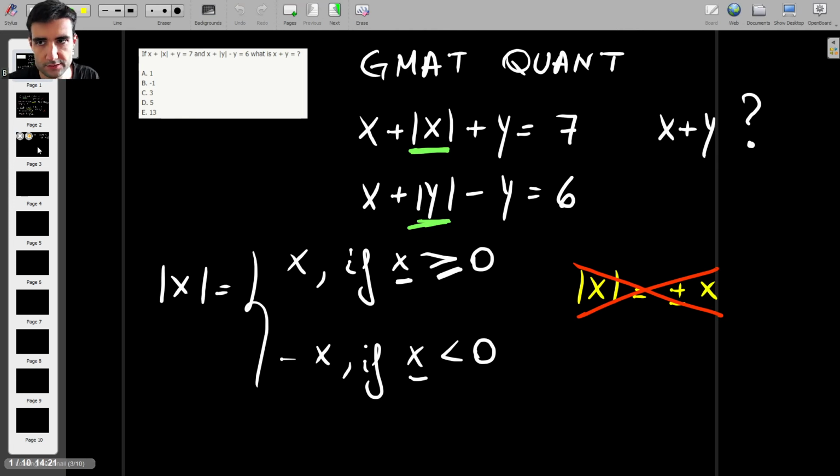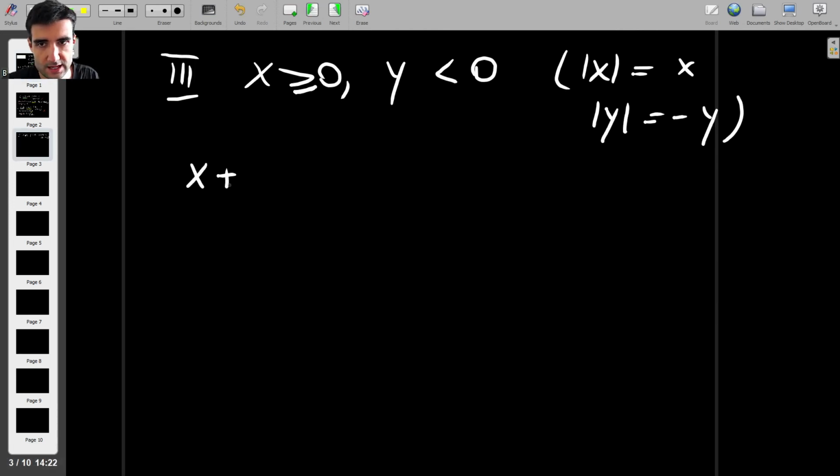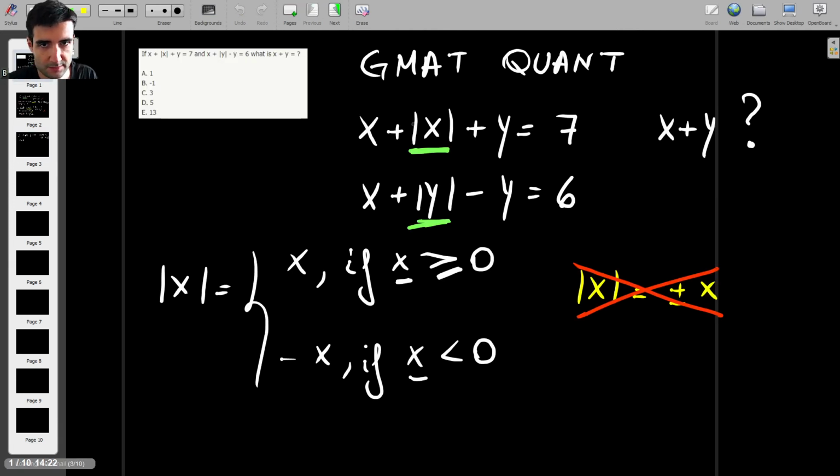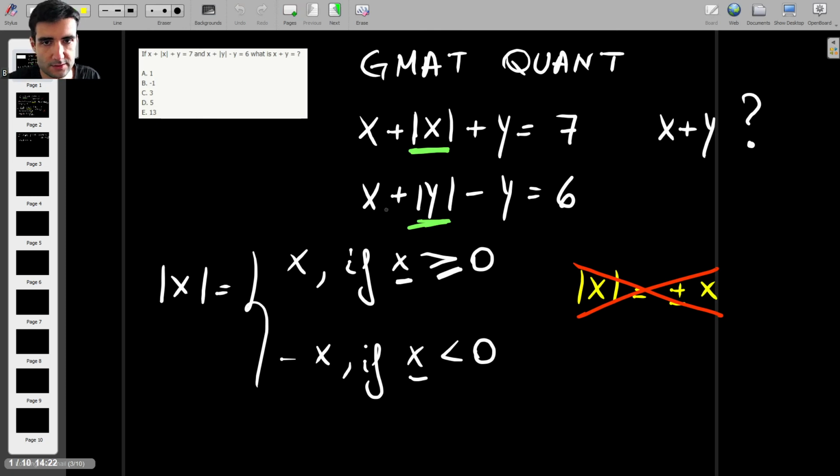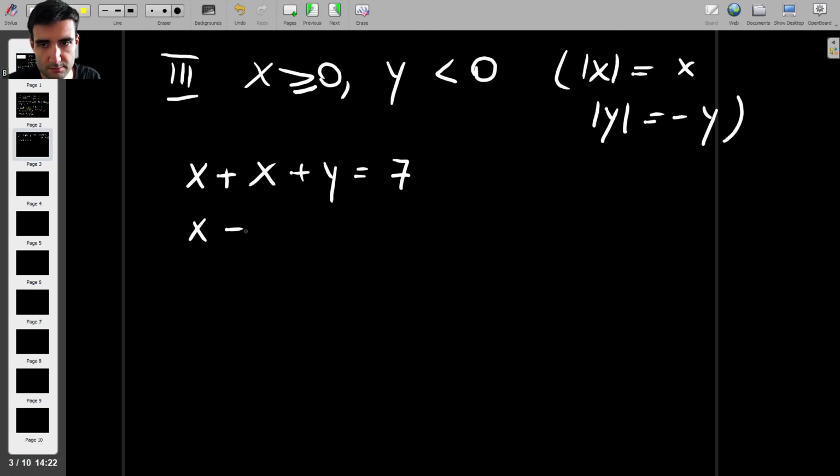If we rewrite those, we get the first equation as x plus x, so the absolute value just vanishes, plus y is equal to 7. And then we have x minus y minus y, so x minus 2y is equal to 6.